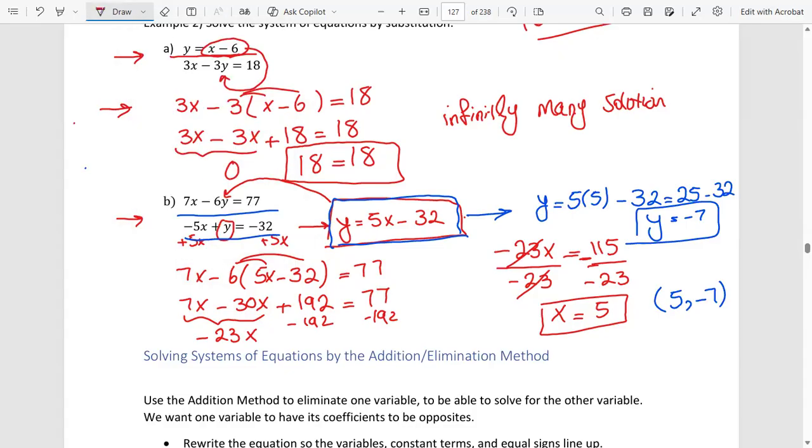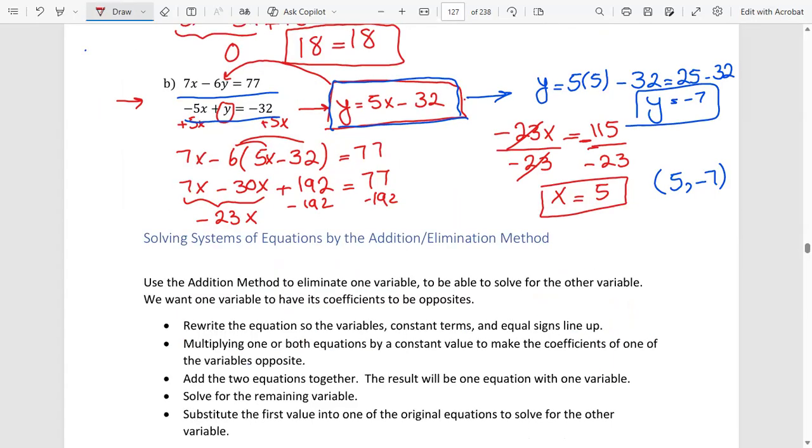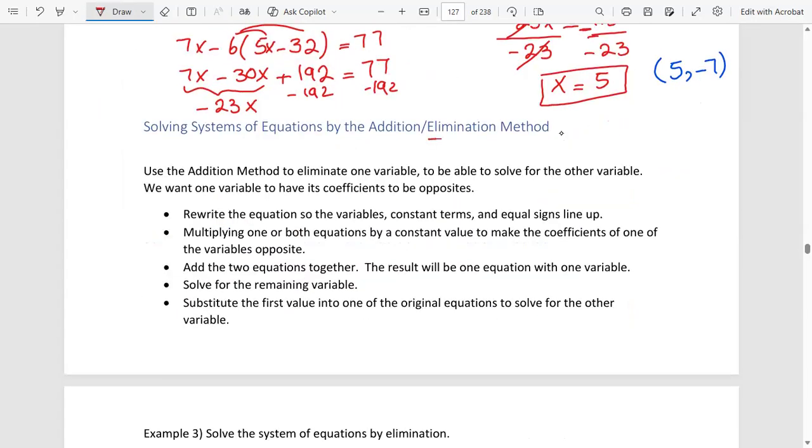Another method for solving systems of equations is called addition or elimination. Why do we call it the addition method? Because we need to add the two equations together to eliminate one of the variables. That's why it's known as the elimination method, or also addition.